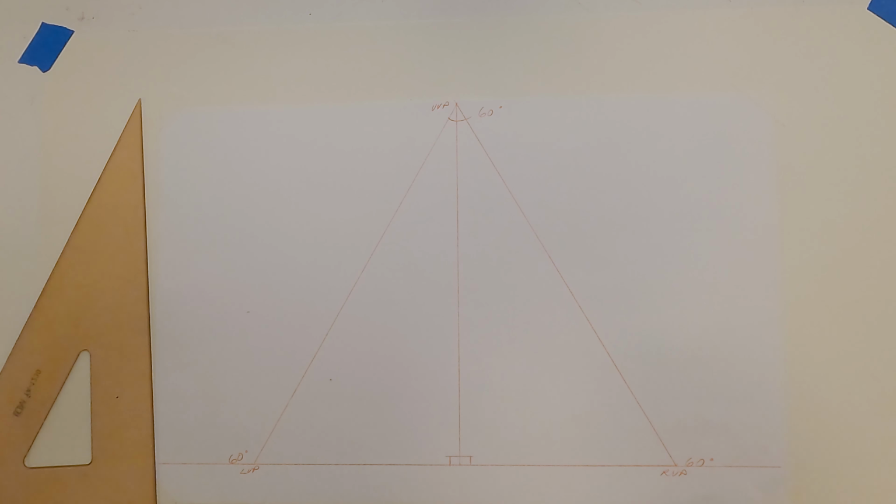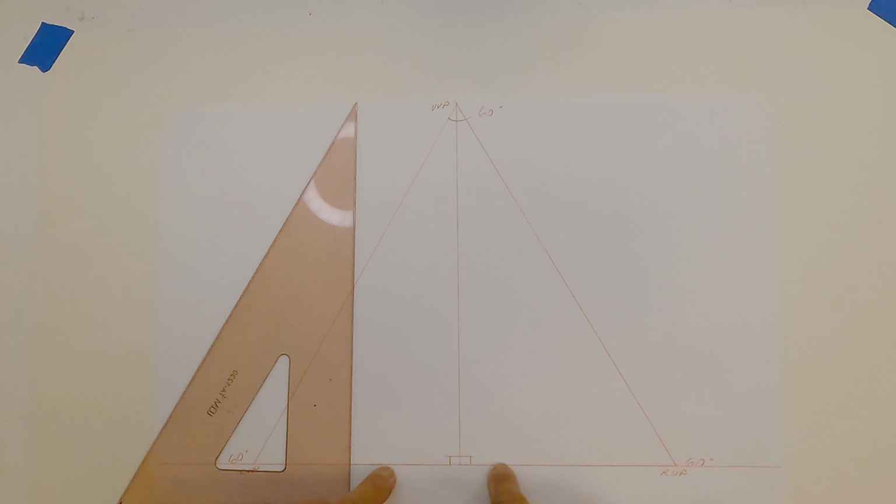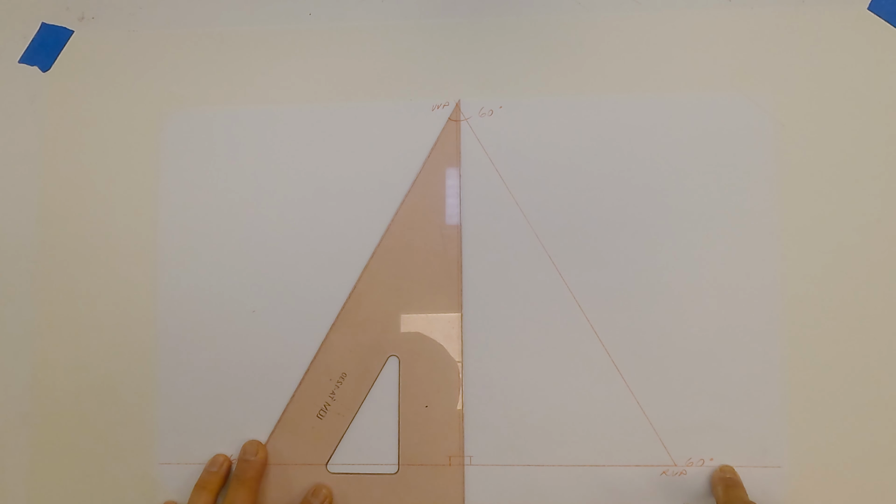Okay, now obviously I use my horizontal straight edge to get this horizon line in, and I use my 30, 60, 90 triangle to capture this.